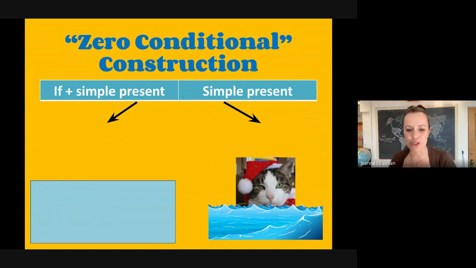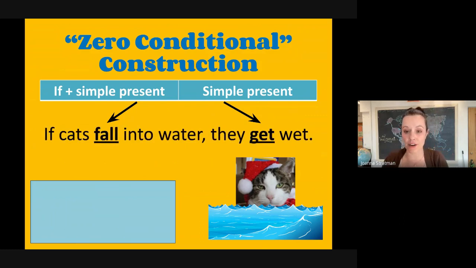Like I told you, my cat, Olibol, is helping to explain the conditionals. So let's say that my cat falls in the water. In every time, in every situation, if cats fall into water, they get wet.